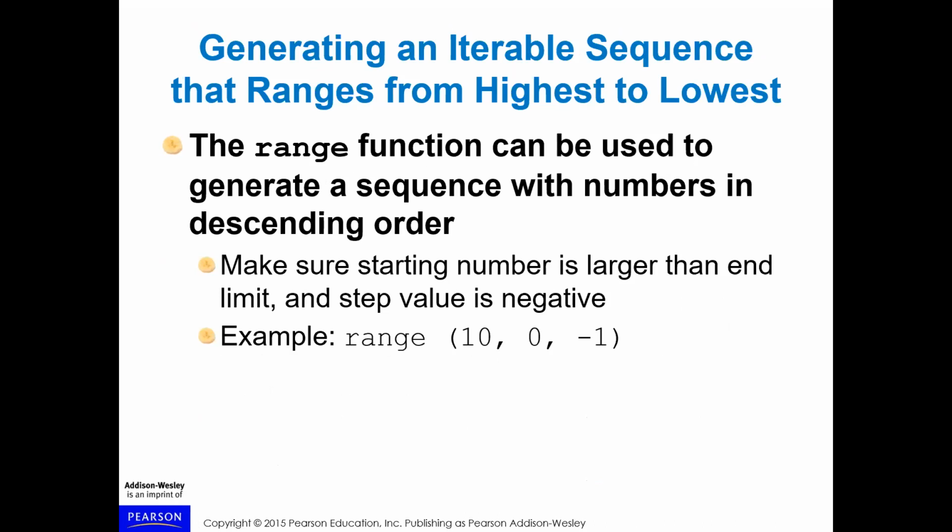You want to make sure the starting number is larger than the end limit, and then you have a step value, which is negative, right? So you can see here the range goes from 10, 9, 8, 7, 6, and so on, until it reaches 0, because the step size is negative. So you're literally decreasing or counting down.